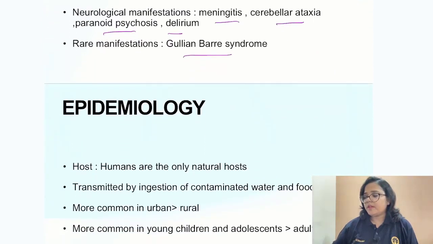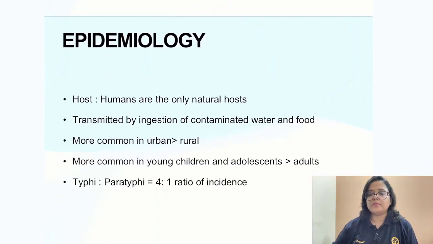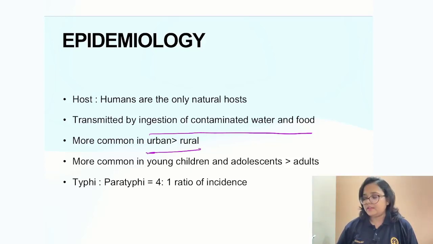Next, we move on to the epidemiology. Humans are the only natural host, as we discussed, for Salmonella typhi and paratyphi, and it is transmitted by ingestion of contaminated water and food. It is more common in urban surroundings than rural, and more common in young children and adolescents than adults.